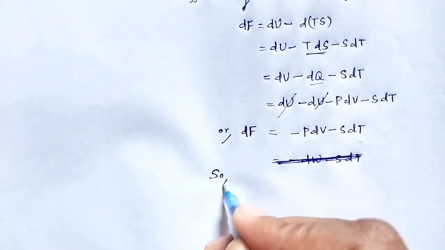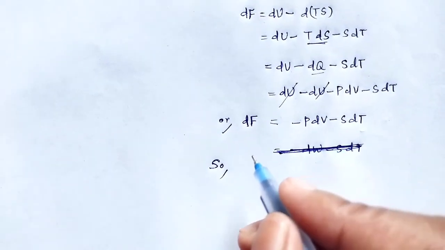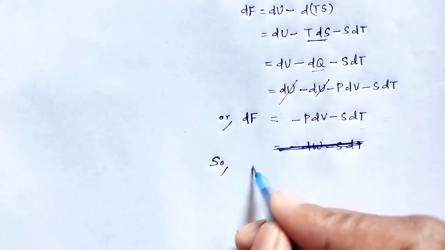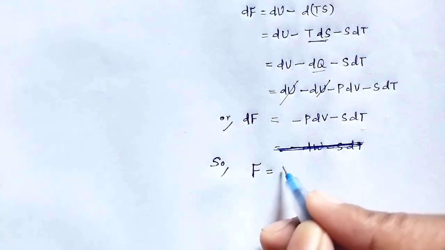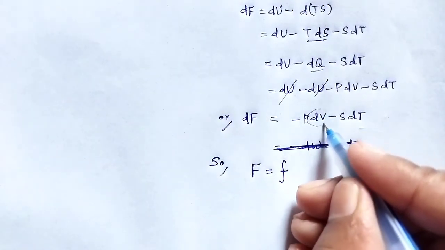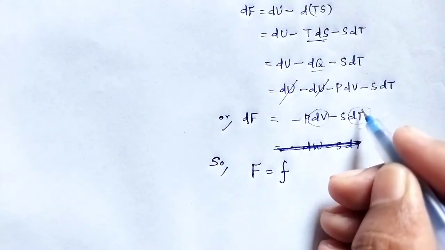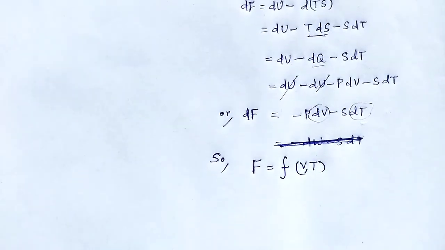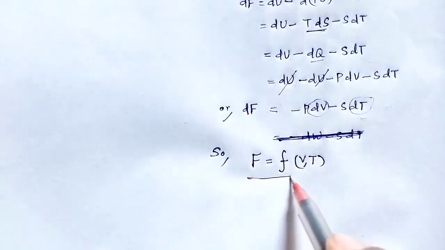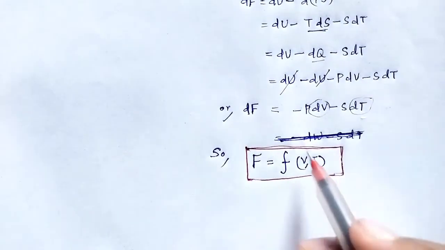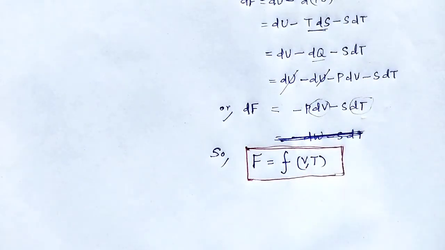So F is a function of the change in volume and change in temperature, volume and temperature. Now, using that particular equation, I can derive two partial differentials.